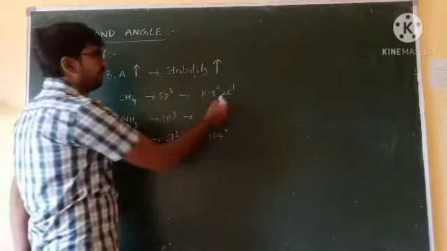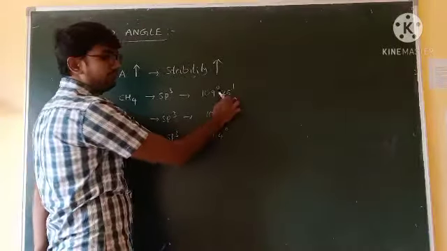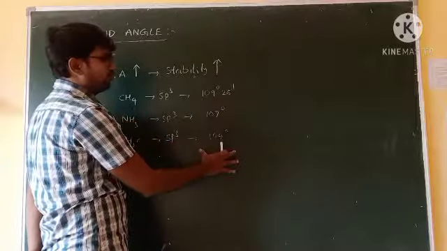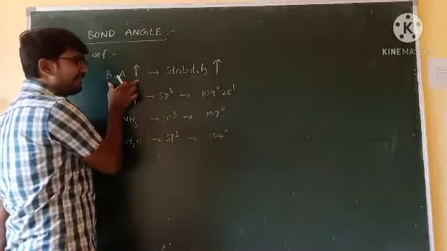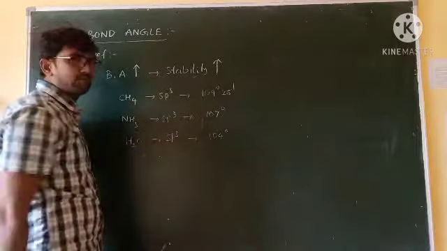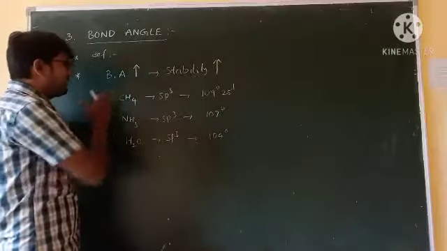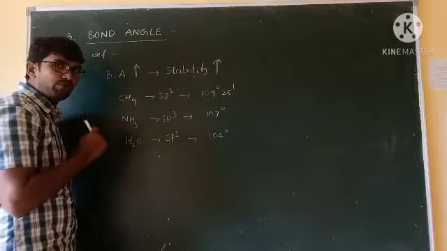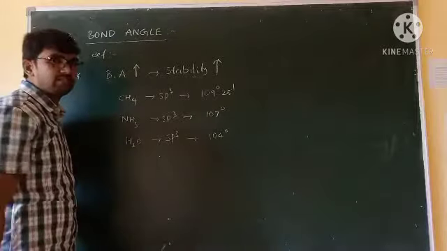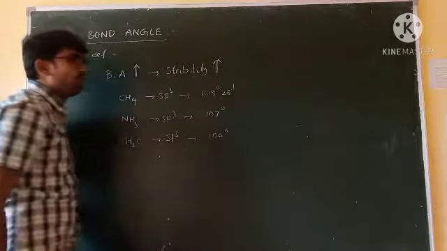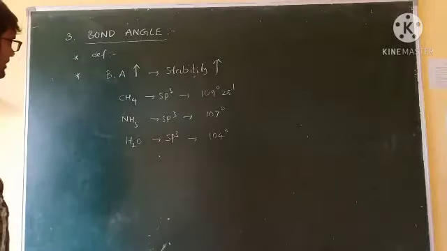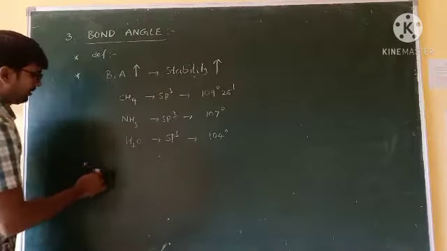That's why here the bond angle is more compared to these two. So as bond angle increases, stability of the compound also increases. Among these three compounds, CH4 is more stable, because its bond angle is 109 degrees 28 minutes.